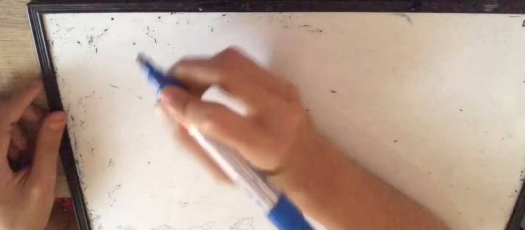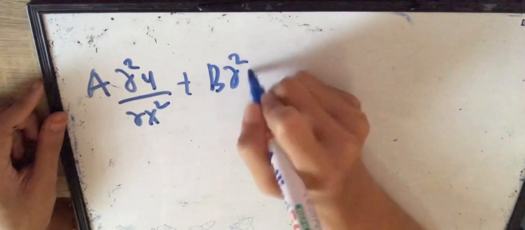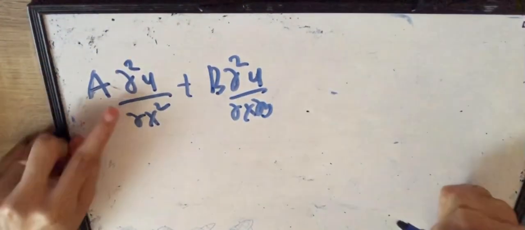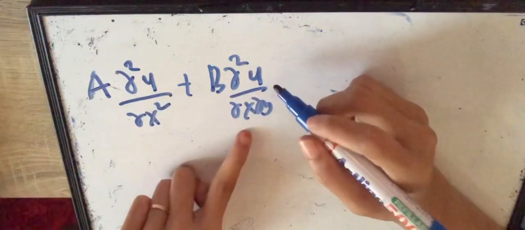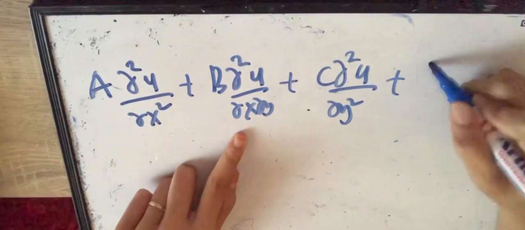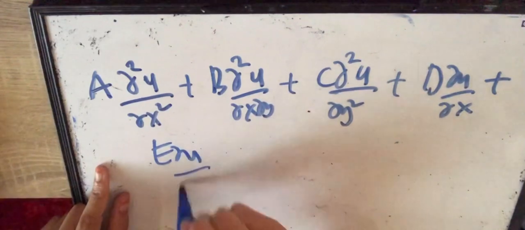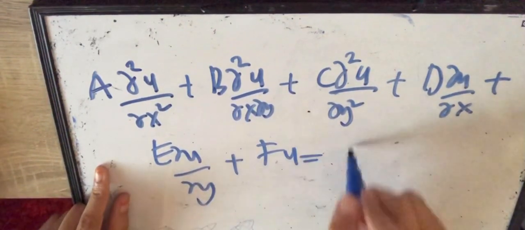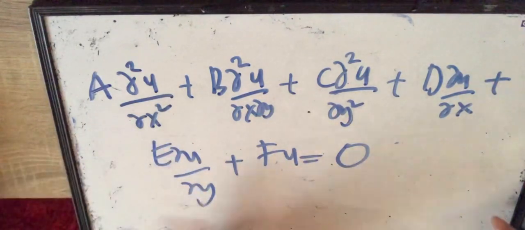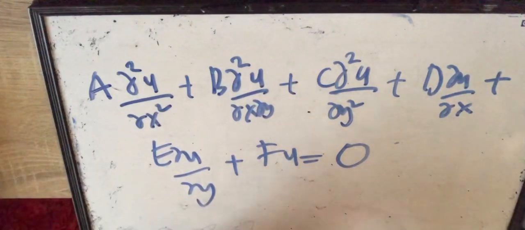For PDE, there is a general equation, which I write here: a d square u dx square plus b d square u dx dy plus c d square u dy square plus d du dx plus e du dy plus fu equal to 0. This is the general equation for PDE, and you can see that it has a, b, c, d, e, f. These are coefficients, which are numbers.